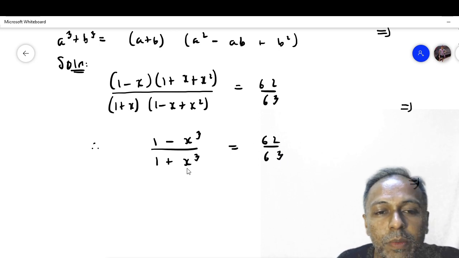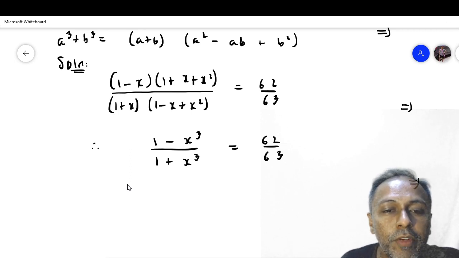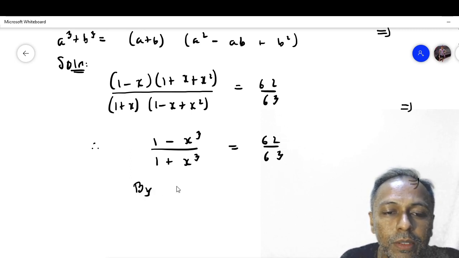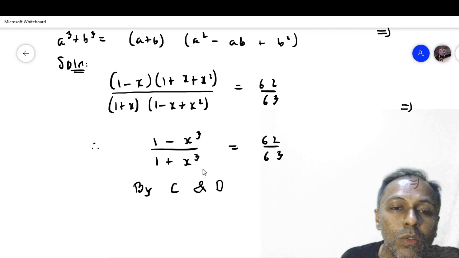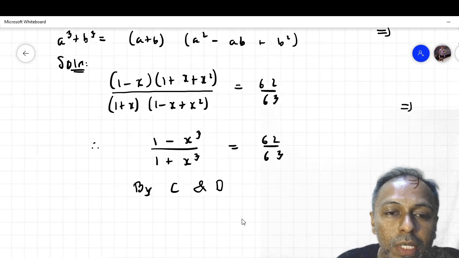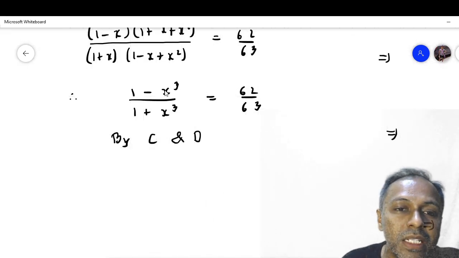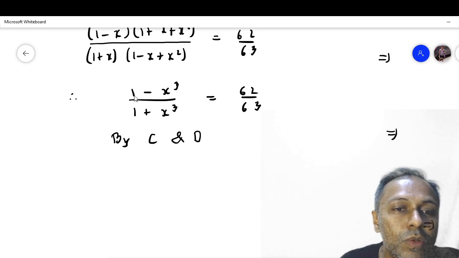Clearly conjugate terms are visible. You can apply componendo and dividendo, and now it is manageable. Do not directly use the shortcut of doubling them, as you can now see there is a minus sign up and plus sign down. So don't take double of 1 and write in numerator.